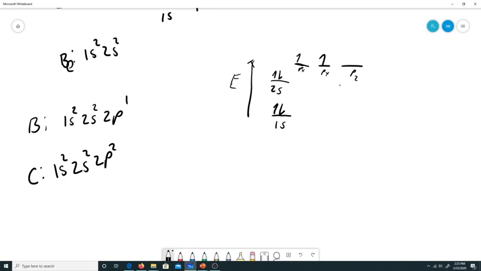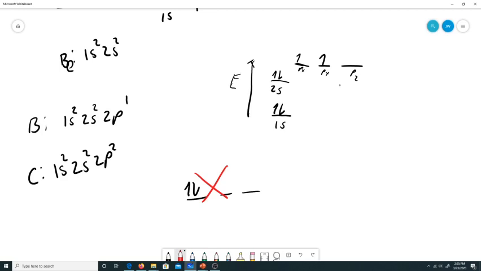Now when we fill in the p block, you have some choices. Well, really you don't have choices, but conceivably you could have put 2 electrons in the first orbital here, but that's not allowed. You cannot do that. So basically we need to fill these orbitals separately before we pair them up.